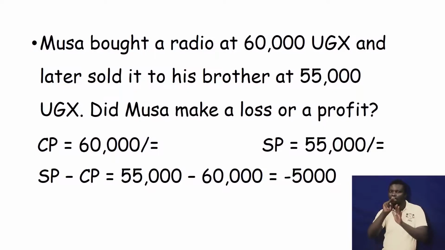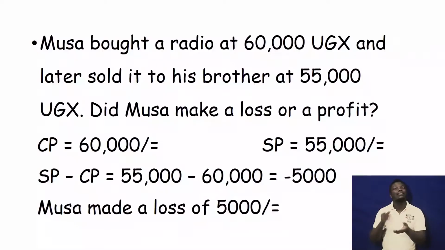And if you get negative 5,000 or any other negative number, then it means the business has made a loss. And when the number is positive, then the business will have made a profit. So in this example, Musa made a loss of 5,000 Uganda shillings.